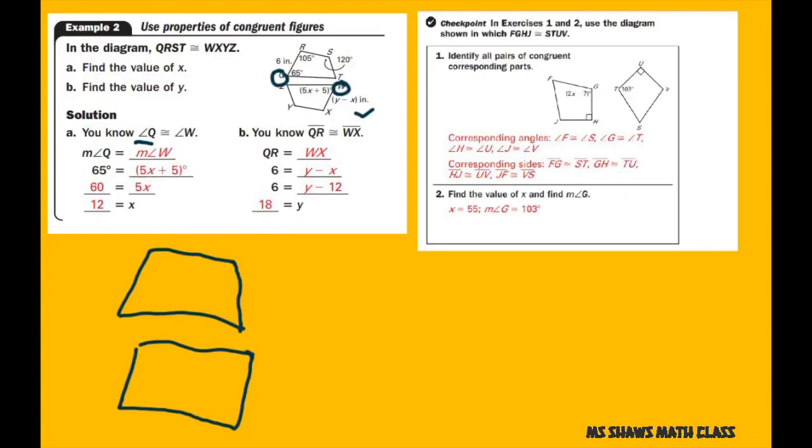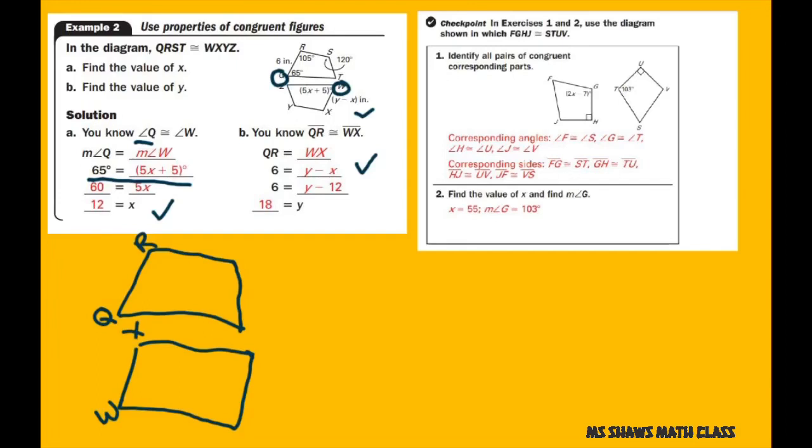So if Q is congruent to W, then W would come here, and QR is congruent to WX. So just switch these around, and you can solve for x. So to solve for x, if they're congruent, you set them equal to each other, and then just solve for x. And the same for that. But just turn your figures around.